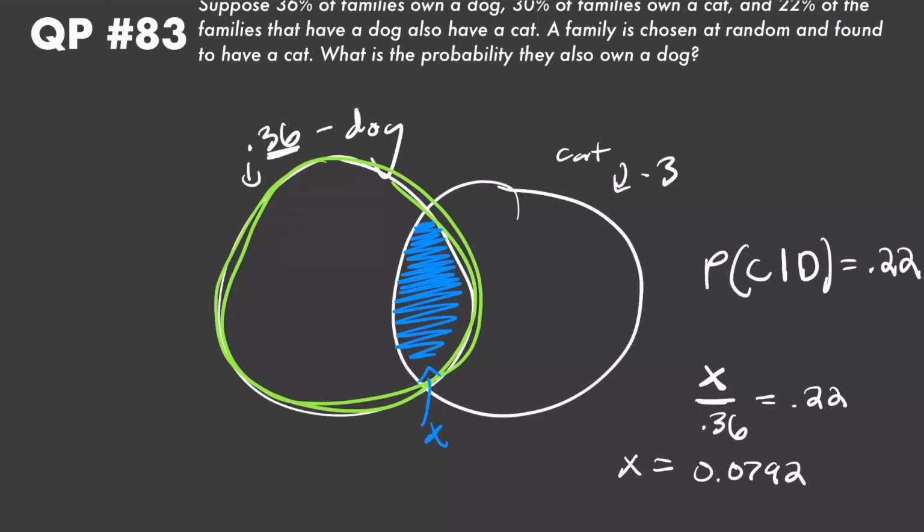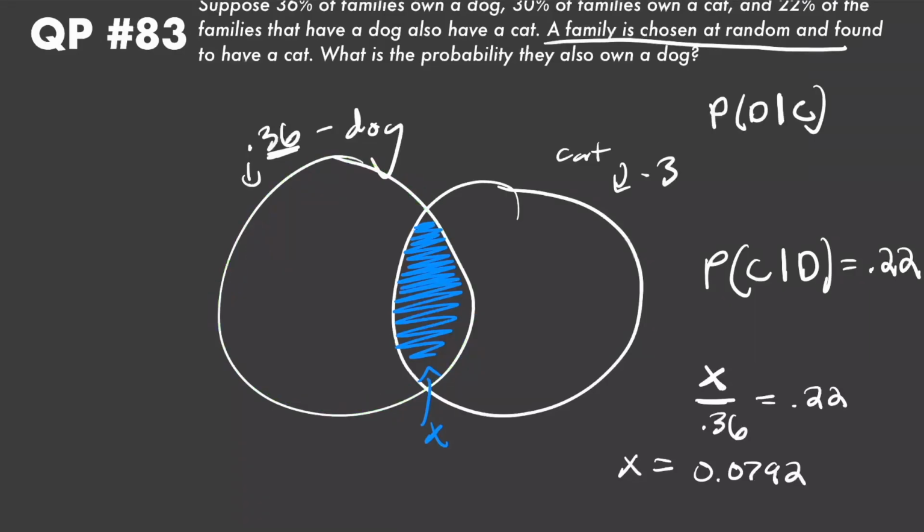Now the actual question is asking: if a family is chosen at random and found to have a cat, what is the probability that they also own a dog? This is just the probability of a dog given that they own a cat. If we know for a fact that a family owns a cat, we restrict our outcome space to just this green bubble here. Then what is the probability that they also own a dog? Again, that's just going to be this shaded region here, the overlap between cat and dog.